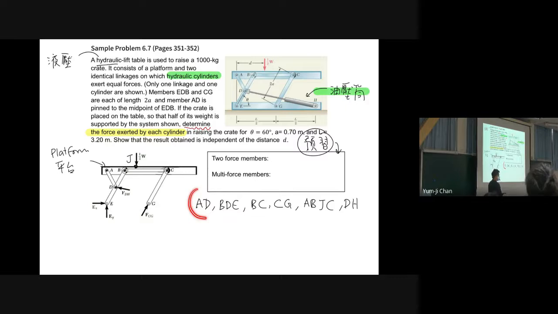Is AD a two force member? AD is this one. All the forces acting on AD go to point D or point A. There are no forces in the middle. So AD is a two force member.